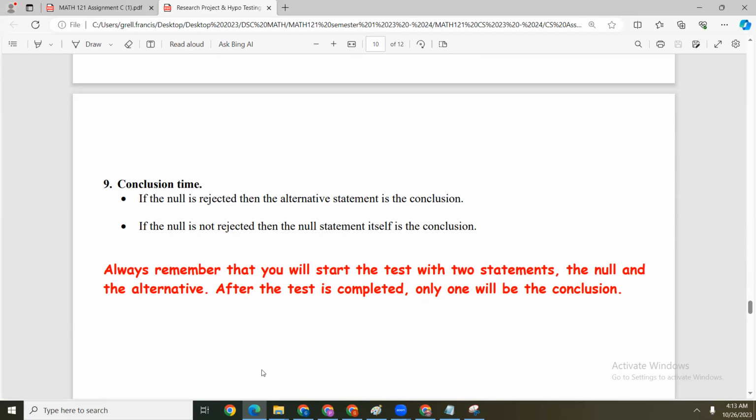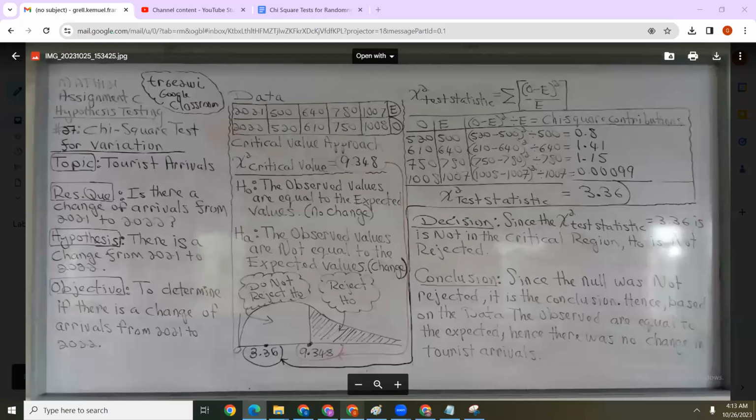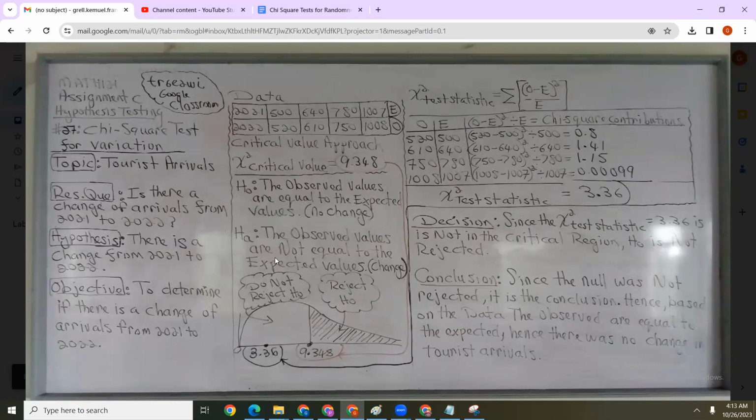Okay, so here this was demonstrated using this example. Here is a pair of hypotheses, the two of them. The observed values are equal to the expected values, no change according to the null, and the alternative is saying the observed values are not equal to the expected values, that there is change. Now here's the rule.